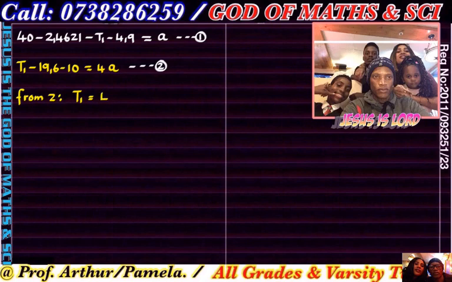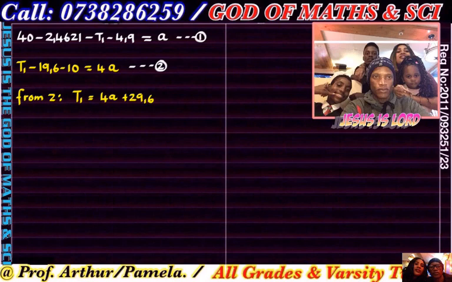You're going to have 4a plus 29.6. It's that negative 19.6 and minus 10. All of this needs to go into tension 1, but I must put it in a bracket, because that minus will affect the sign of 4a and the sign of 29.6, but I'm going to do it already changed.